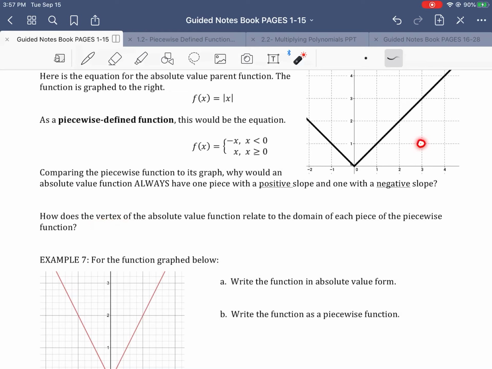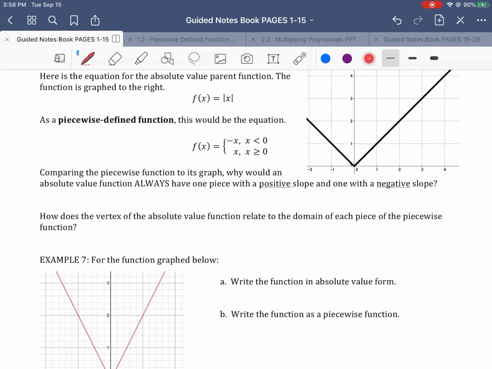Because if the vertex moves, and I'm going to draw a little graph on the right hand up here, if it moves over here, now that barrier or that domain restriction is that guy right there where it's meeting. If it moves up here, so let's say our graph's up here, this is the domain restriction. So no matter where it moves, it doesn't matter if it's going up or down, that x value where your domain is relates to that.